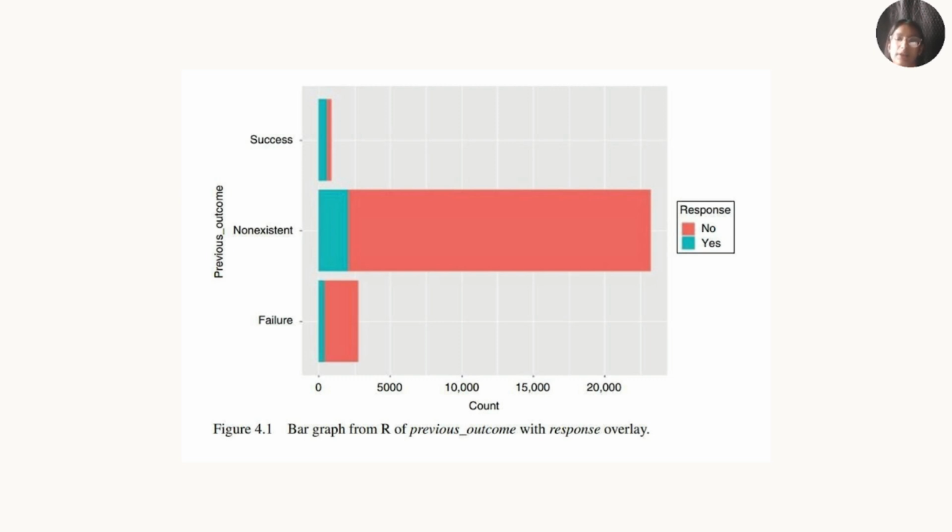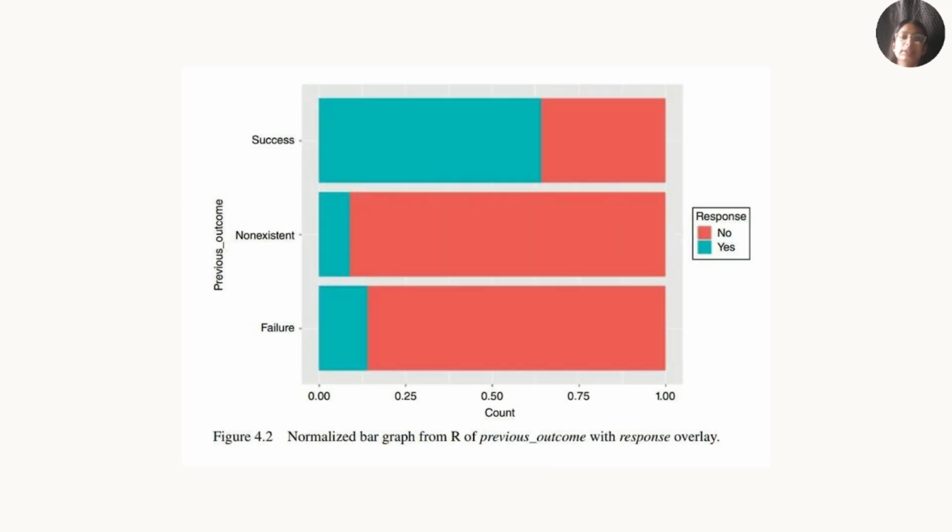So this is a bar graph, but we can draw a normalized bar graph. This is what a normalized bar graph looks like. Here we normalize the range so that we can get a deeper, clearer instinct of what the dataset is.